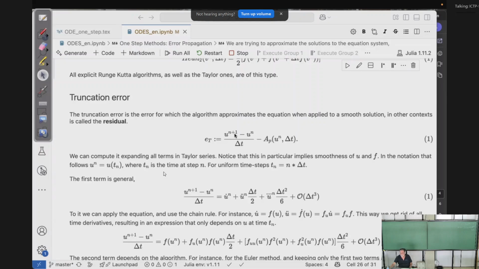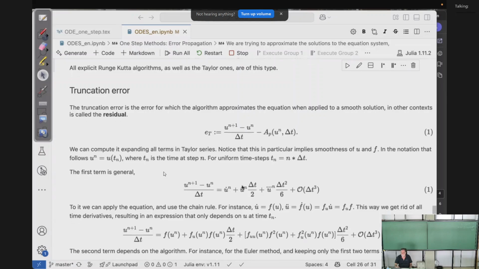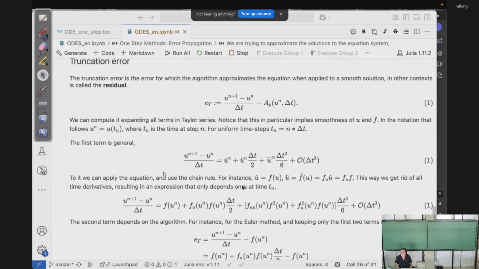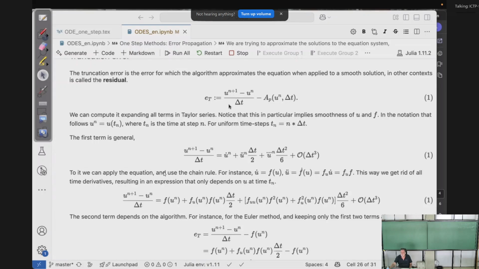For the approximate solution this would be 0, but here we are taking the exact solution and computing this residual. That is the error if we put the real solution in this formula. So this here we can compute up to some order using Taylor's expansion.